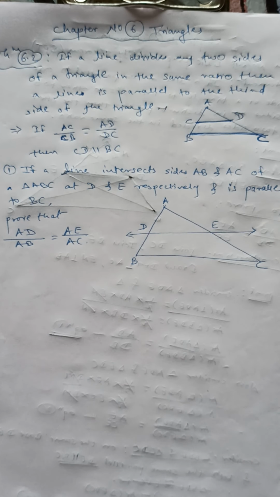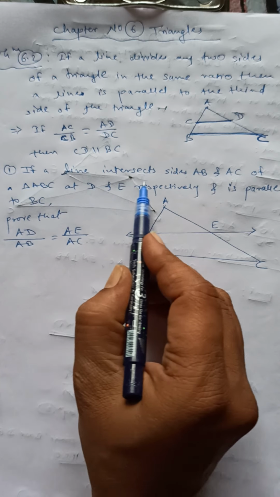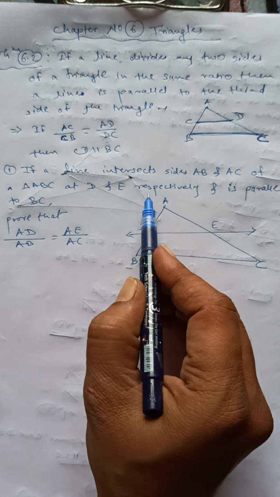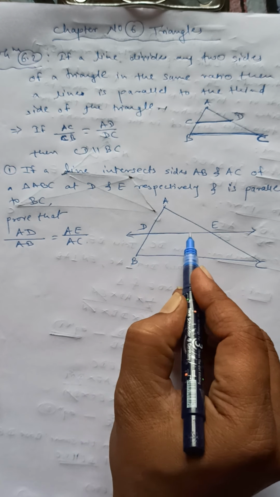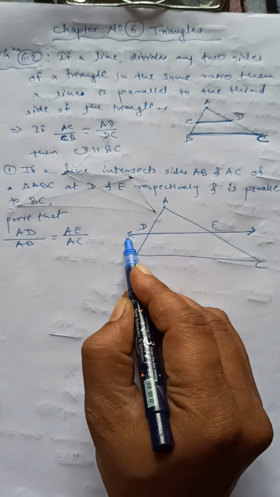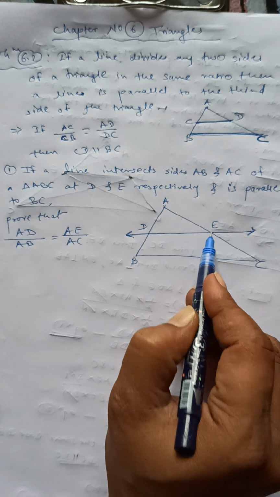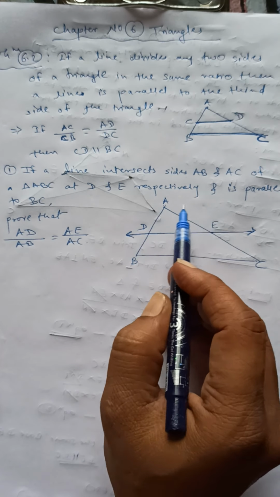Okay, this is the example. If a line intersects sides AB and AC of a triangle ABC at D and E, this is a line. It is intersecting the sides of the triangle, AB at D and AC at E respectively, and is parallel to BC.